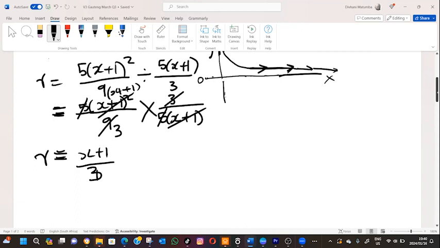Now, we have been told that this is a converging function. In a converging function, what we know is that the value of r is between -1 and 1, meaning your r value will be a fraction.